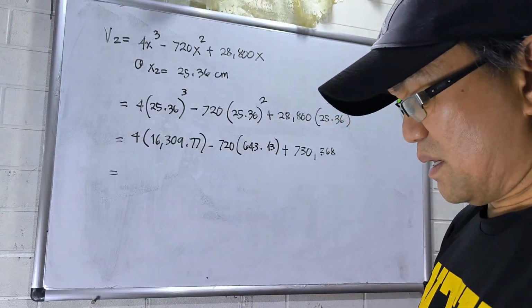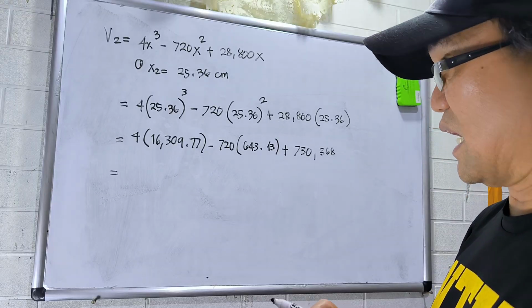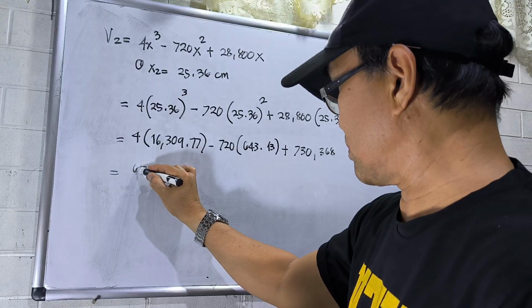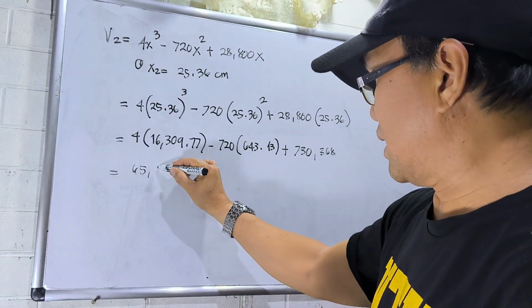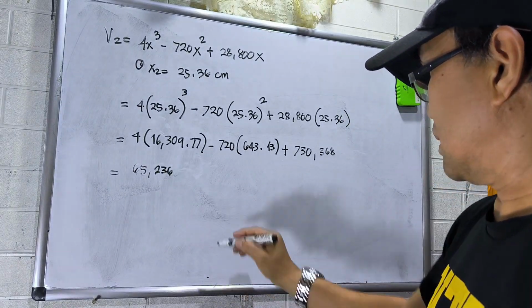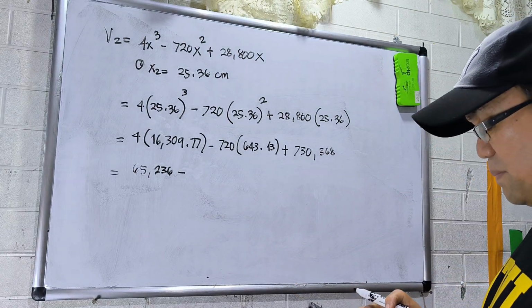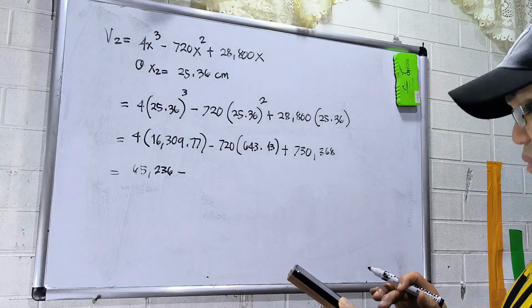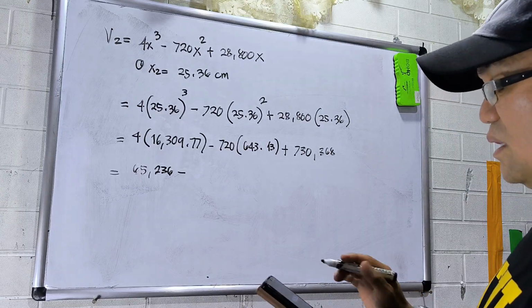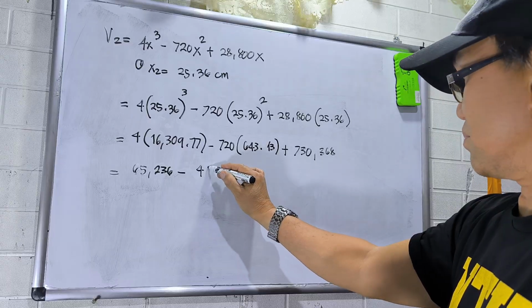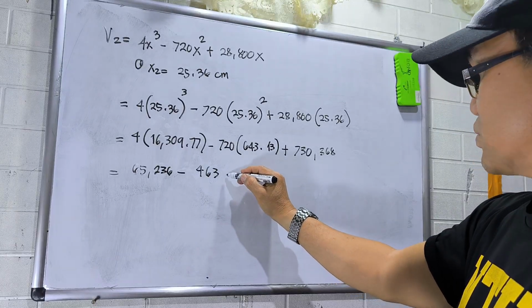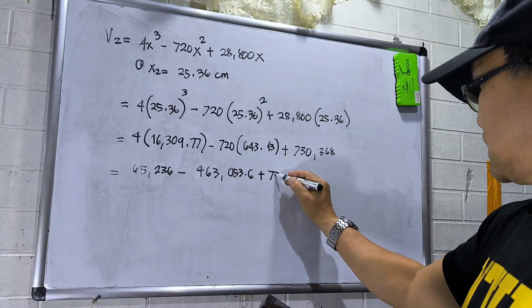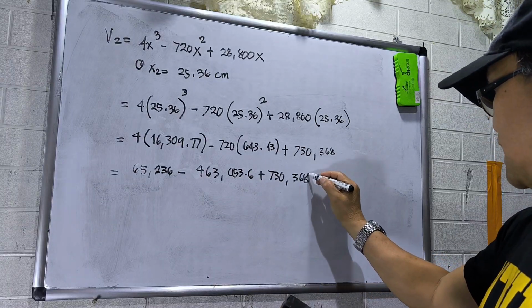So multiply 16,309 times 4. So this will be 65,236 minus 720 times 643.13 equals 463,053.6, plus 730,368.